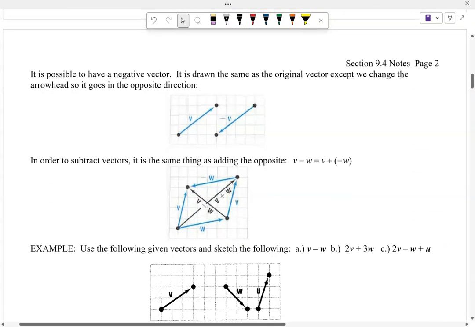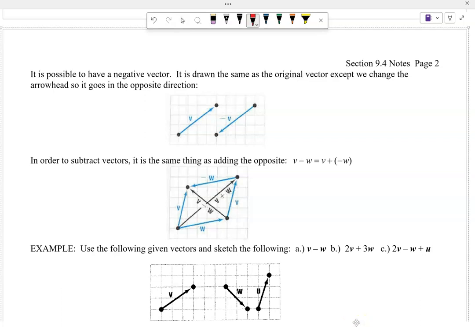Now, what about a negative vector? It's drawn the same as the original, so the length, or magnitude, is the same, but it goes in the opposite direction. Notice v here goes up 3, right 4. So negative v would just go down 3, left 4.